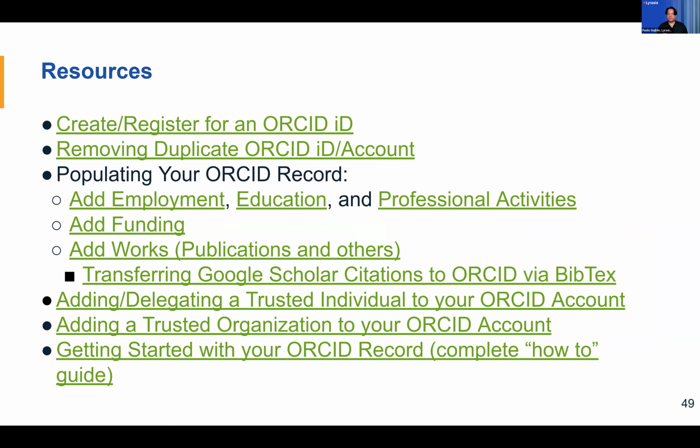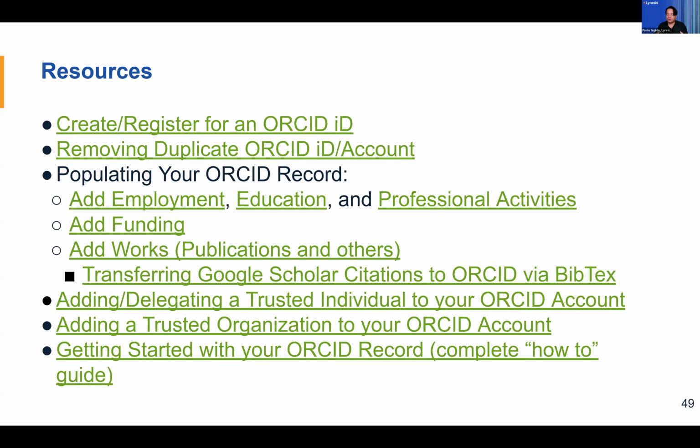So let's say you are a seasoned researcher, for example, and you don't have an ORCID record yet, but you have a lot of publications already available in, say, your Google Scholar profile page. You can download a BibTeX file and upload it to ORCID.